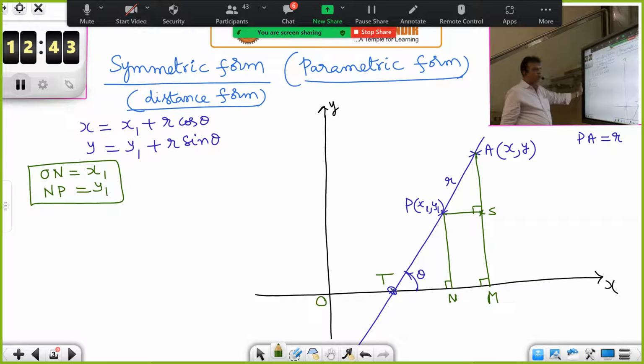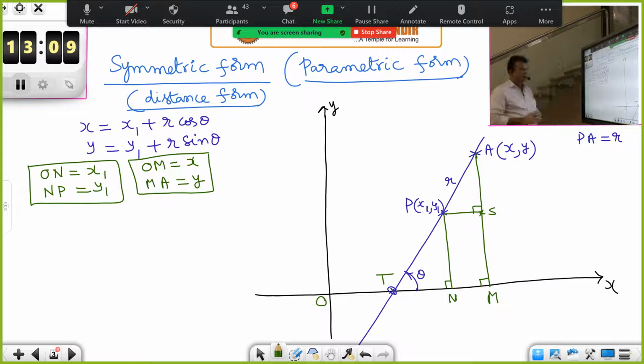Now, small x comma small y are the coordinates of the point capital A. Yes, sir. Therefore, OM is equal to what? Small x, sir. MA is equal to what? Small y, sir. Okay.